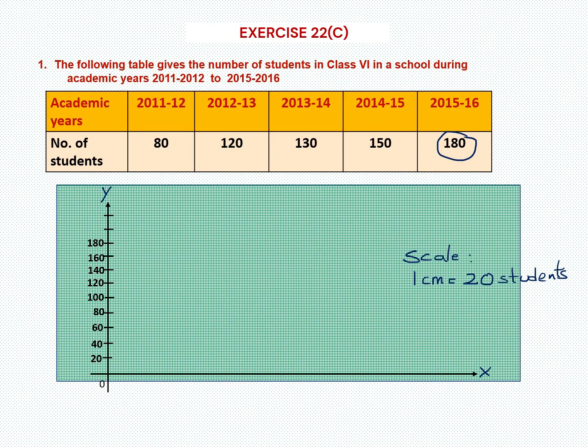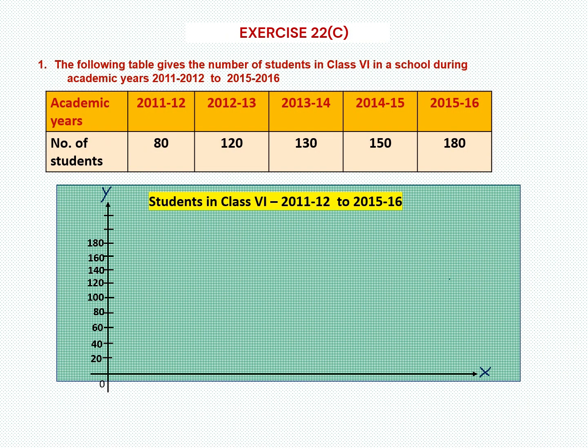What you need to do is look for the highest value and see that you're able to get that on your y-axis. You can do it by counting in tens or fives or 20s, and the easiest one here is 20s, because if you count in fives, you're going to have a very long y-axis which you cannot cover on your graph sheet. Similarly, if you count in tens, you might not be able to cover it. That's why I've taken 20s.